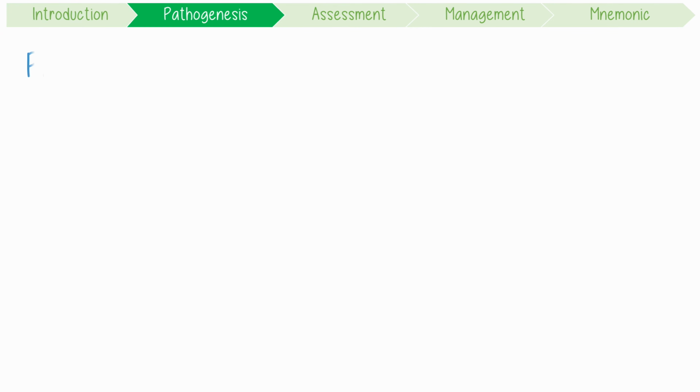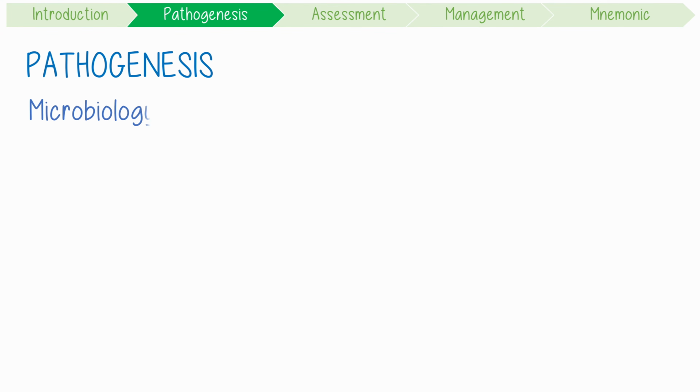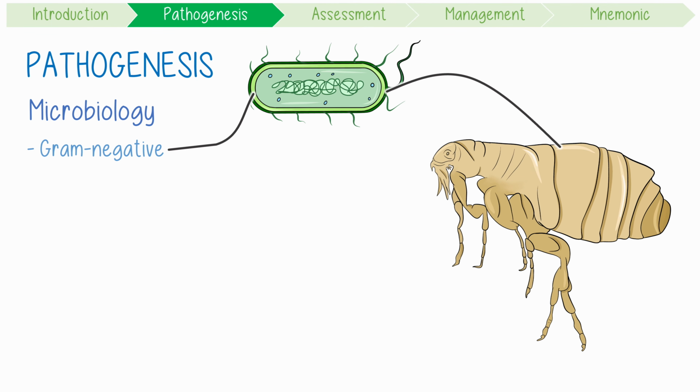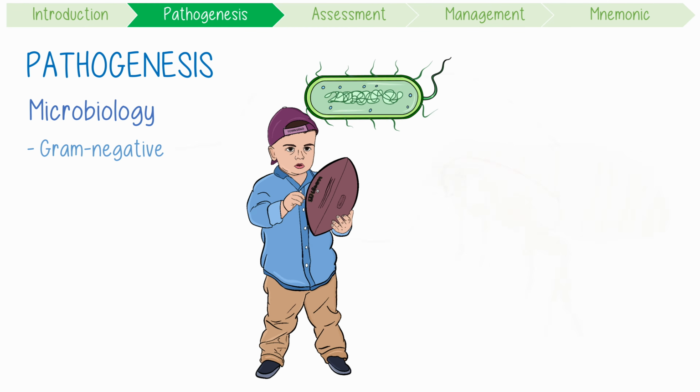In terms of its pathogenesis and microbiology, Yersinia is a gram-negative bacteria which lives in the flea midgut. Here, it produces a biofilm that blocks up the flea's blood-feeding tubes, which means when it does bite, the bacteria inoculates the mammal host.